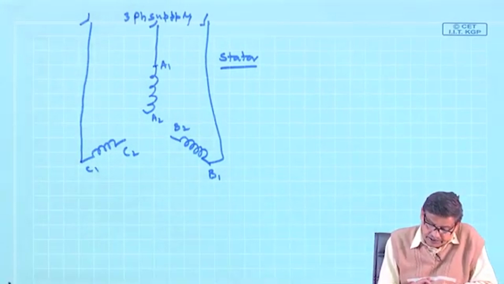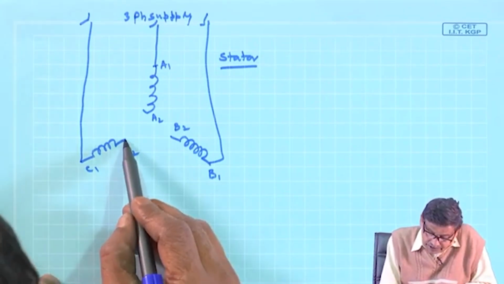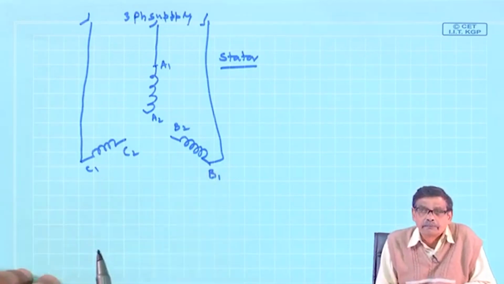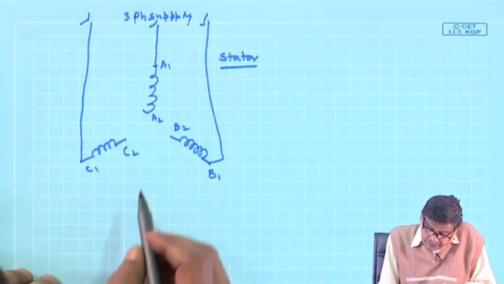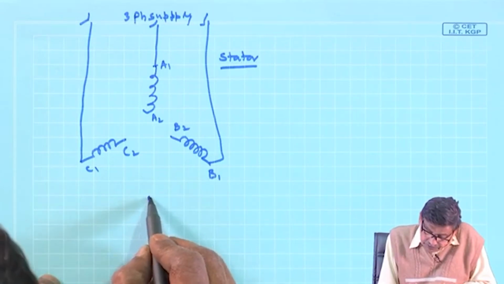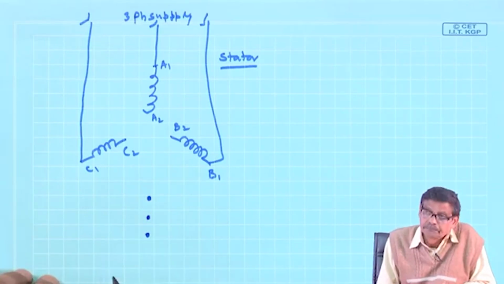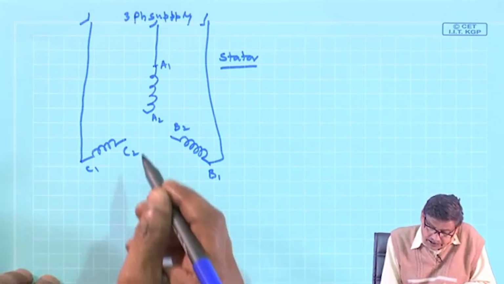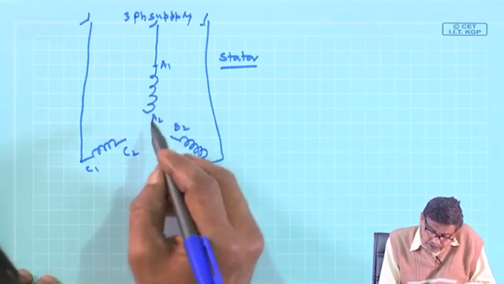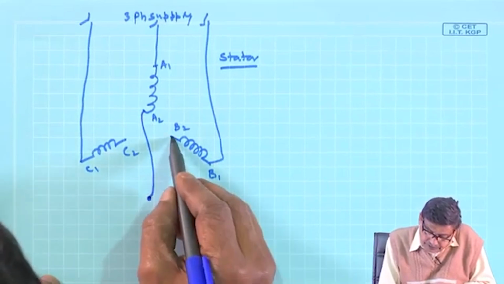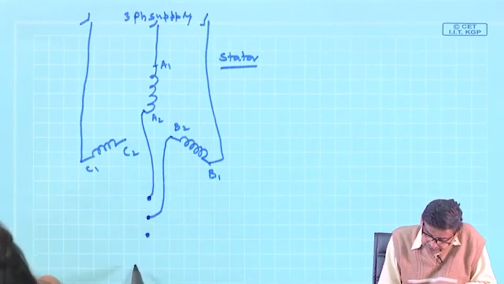At the time of starting, what am I going to do? I will connect this A2, B2, C2 together, then it will become star. So this can be easily achieved if you take a triple pole double throw switch. You do a little bit of wiring. So from A2 you do this, this is the triple pole double throw switch.